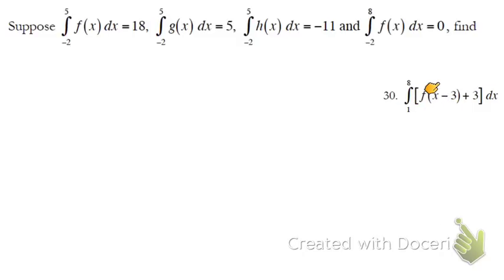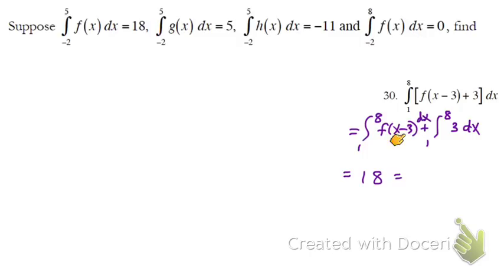So let me write that out. So this is the integral from 1 to 8 of f of x minus 3 plus the integral from 1 to 8 of 3 dx. So like we said, this piece is still 18. The integral from 1 to 8 of f of x minus 3 is just this function shifted horizontally in the coordinate plane 3 units to the right.